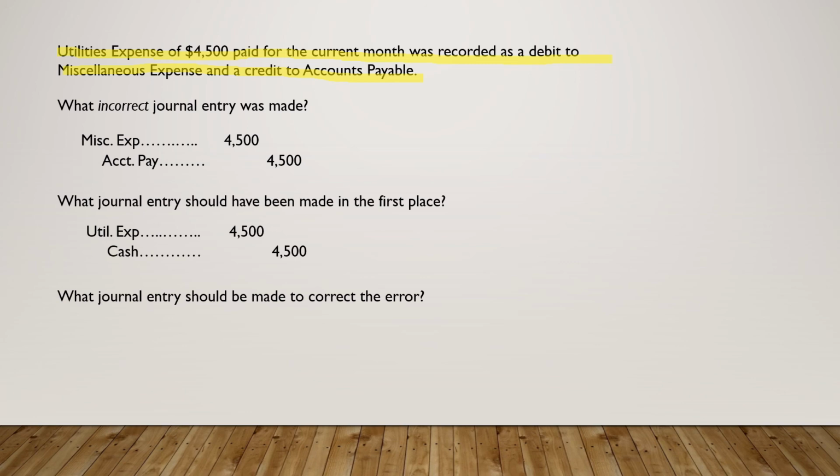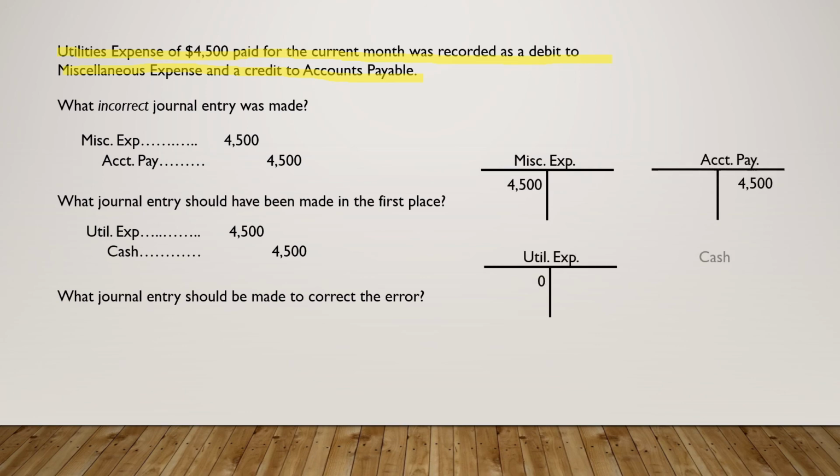Again, we could examine the T accounts to see how to correct the errant entry. Miscellaneous expense has a $4,500 debit that should be 0, and AP has a $4,500 credit that should also be 0. Utilities expense and cash are both missing a $4,500 debit and credit respectively.